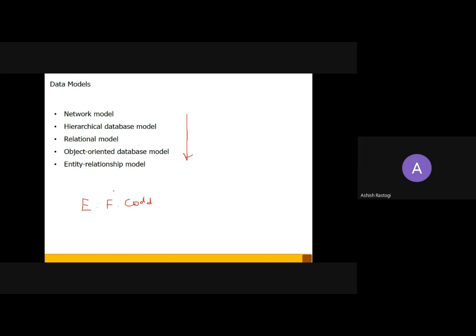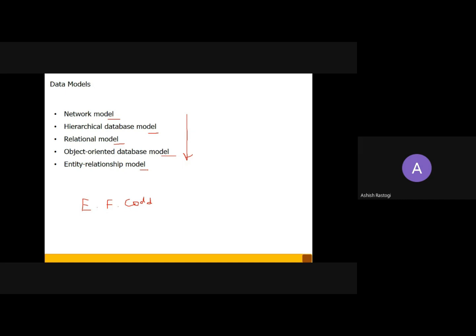When DBMS started, the first model used was the network model. There were some problems in the network model, so we improved and adopted a new model, the hierarchical model. Again there were some modifications, and then we got the relational model, then the object-oriented model, and right now we are using the entity relationship model.